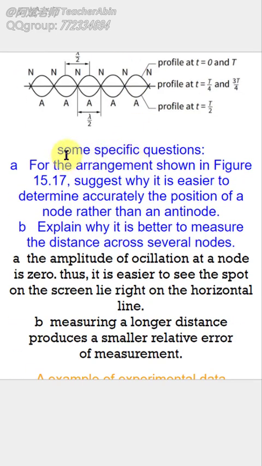Now let's answer 2 specific questions. First, why is it easier to determine accurately the position of a node rather than an antinode? Because the amplitude of oscillation of nodes is 0.